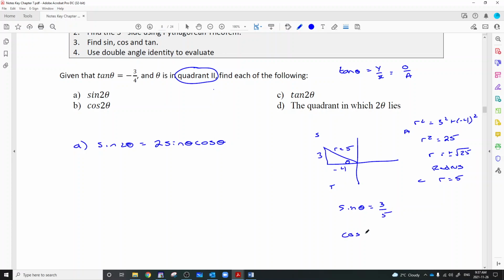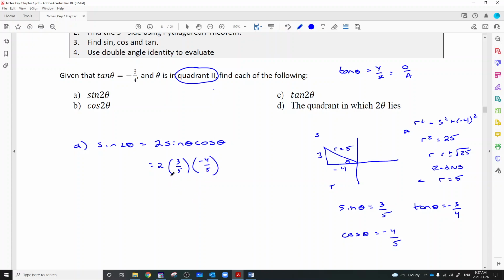The cos of theta is going to be adjacent over hypotenuse, or x over r, which is -4/5. And we already know that tan theta is equal to -3/4. Now we can use this information to evaluate sine 2 theta. We can replace the sine theta with 3/5, and we can replace the cos theta with -4/5.